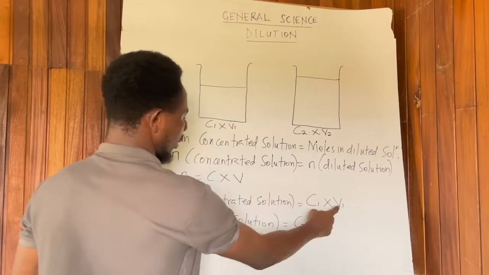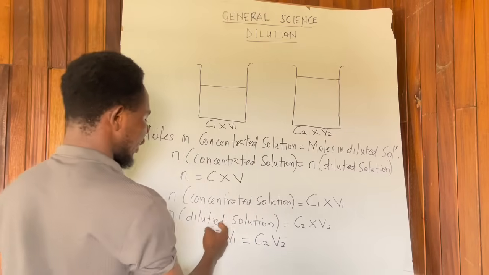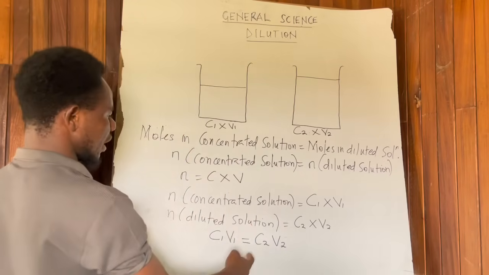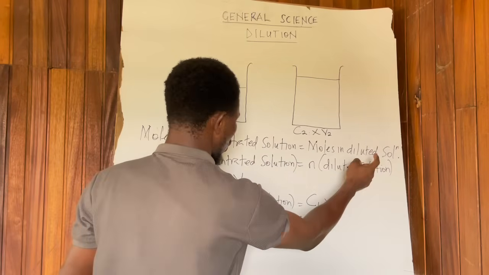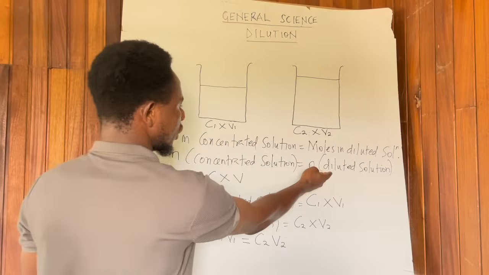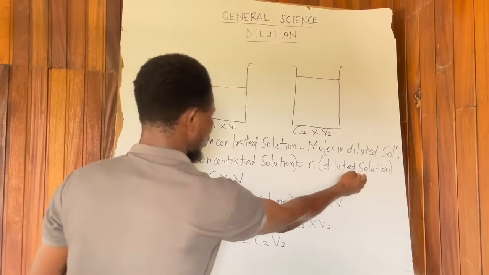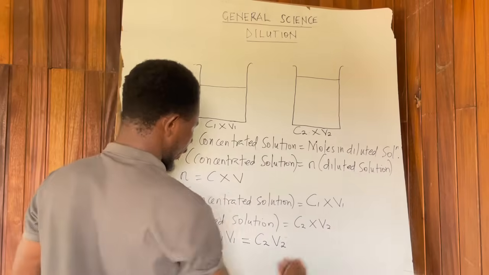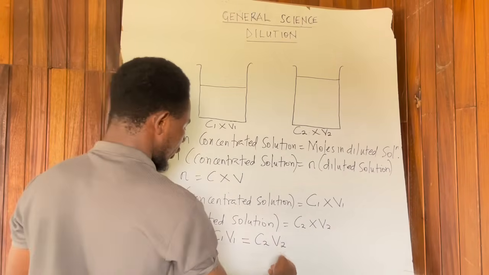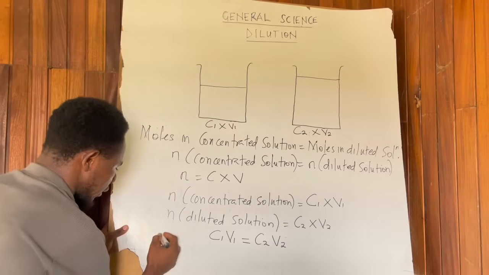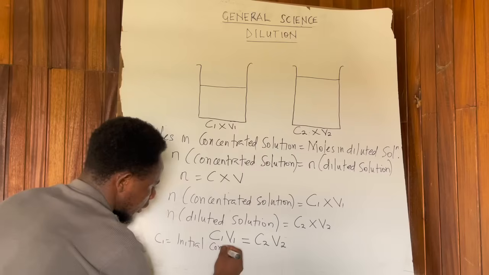For the concentrated solution we have C1 V1, and for the diluted solution we have C2 V2. So mathematically, C1 times V1 is equal to what? Our C2 V2, where our C1 is equal to the initial concentration.